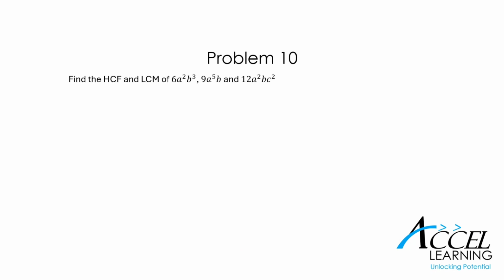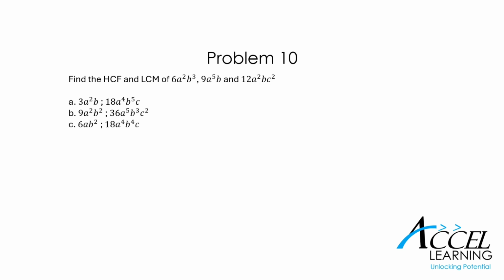Find the highest common factor and least common multiple of 6a squared b cubed, 9a raised to 5b, and 12a squared bc squared. A. 3a squared b, 18a raised to 4 b raised to 5 c. B. 9a squared b squared, 36a raised to 5 b cubed c squared.